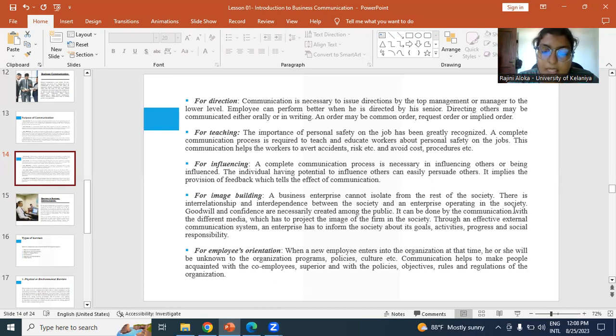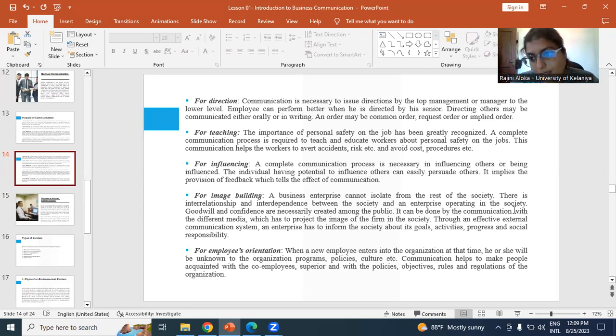For teaching, the importance of personal safety on the job has been greatly recognized. A complete communication process is required to teach and educate workers about personal safety on the job. This communication helps the workers to avert accidents, risks, etc., and avoid costs.